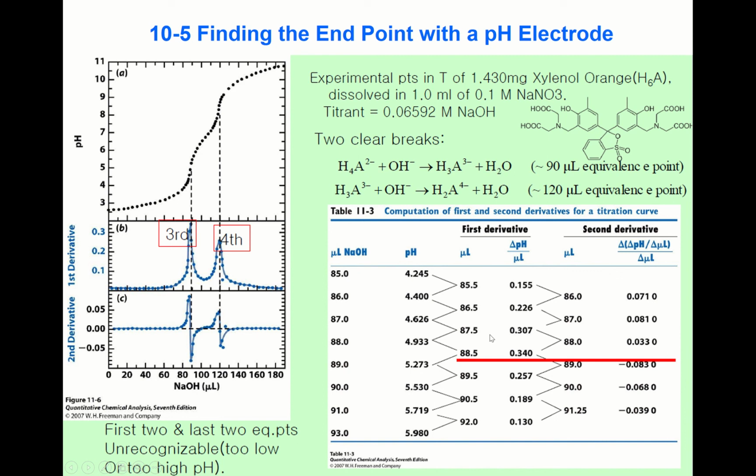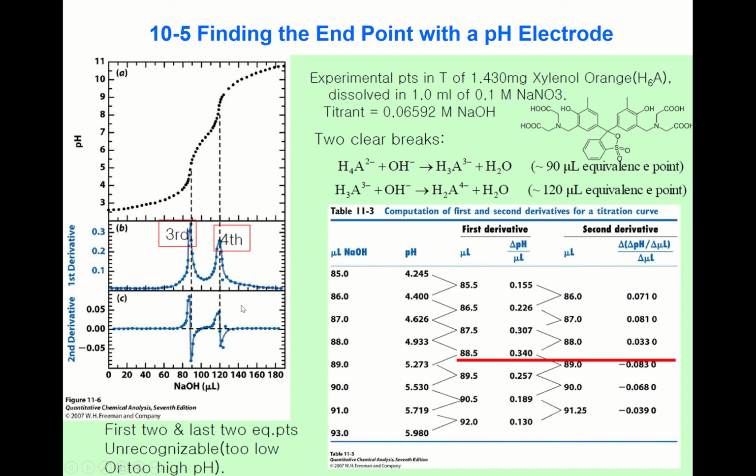In order to find the end point more accurately, you have to add, for example, 85 microliters of NaOH, and then 85.1 and 85.2, like that. But that takes too much time. So a 1 microliter change may be all right, but error cannot be avoided. This is one method.